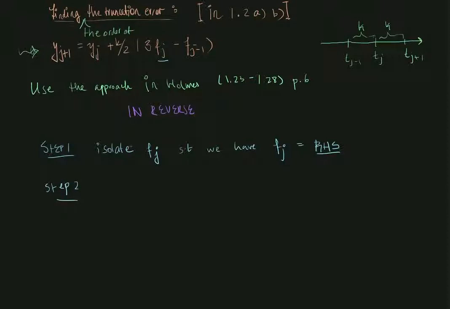Now, step 2. Then, as I said before, our truncation error at time tj, so our truncation error tau j is equal to y prime of tj, and then minus the approximation here, minus the right-hand side, where we make the following substitutions.